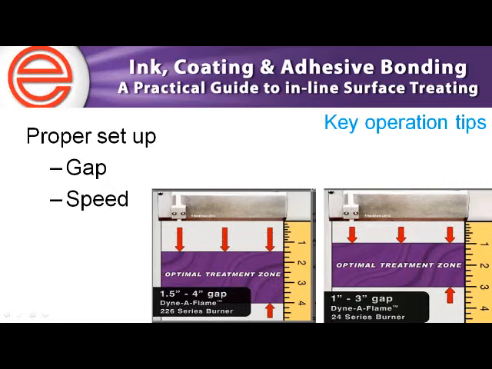It's really nice to get in and around areas that the other systems simply can't reach because their gap is so much more specific. So if you are thinking about using this for something that is very contoured, please consider the flame because it can be quite a cost savings versus some of the alternatives to atmospheric plasma treating.